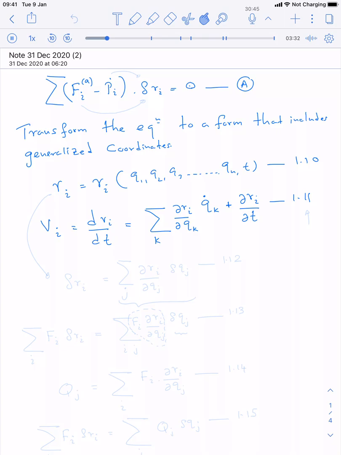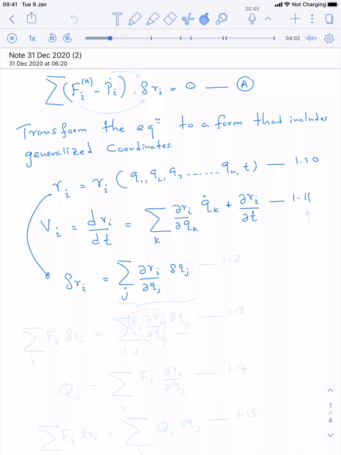And then also the delta Ri in this equation, delta Ri can be written as, when it is transformed into generalized coordinates, ∂Ri/∂Qj times delta Qj, summed over j.